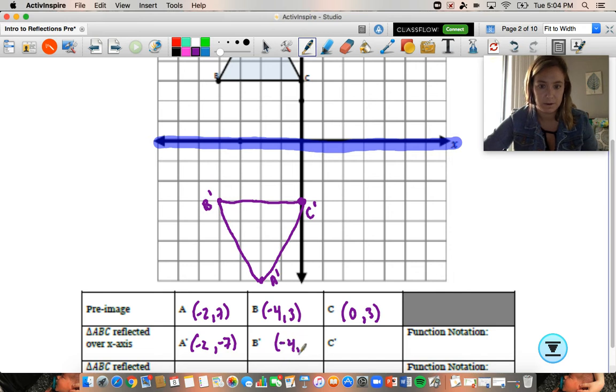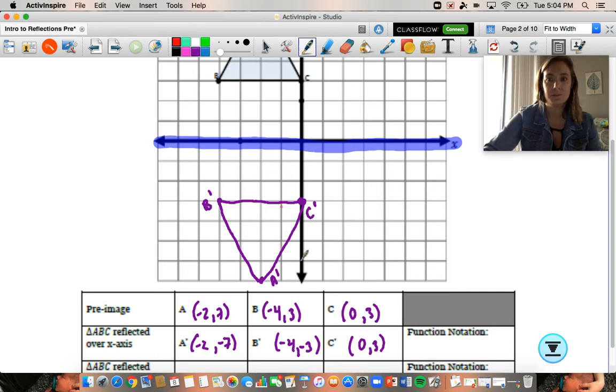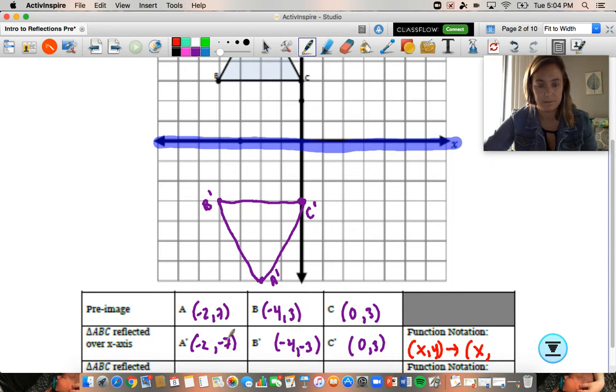Are you noticing a pattern maybe? C is (0, 3) and C prime is (0, -3). So maybe you noticed something. We started with (x, y), started with (-2, 7). What happened to our x's in all three of these instances? Well, x didn't change. What happened to our y value?